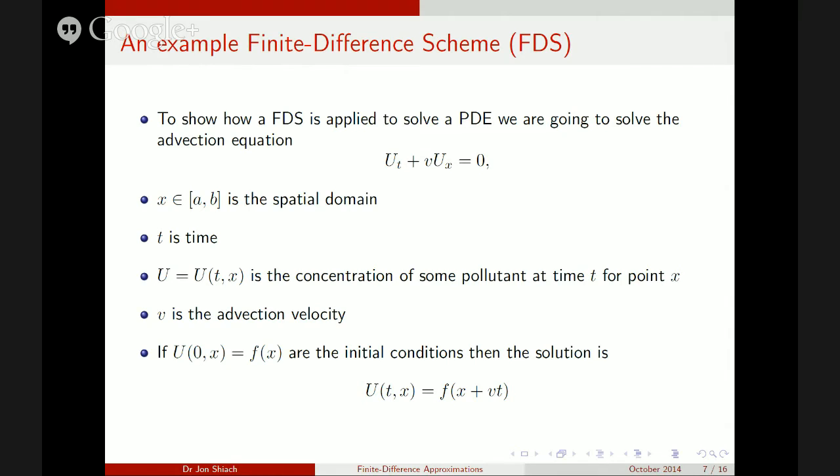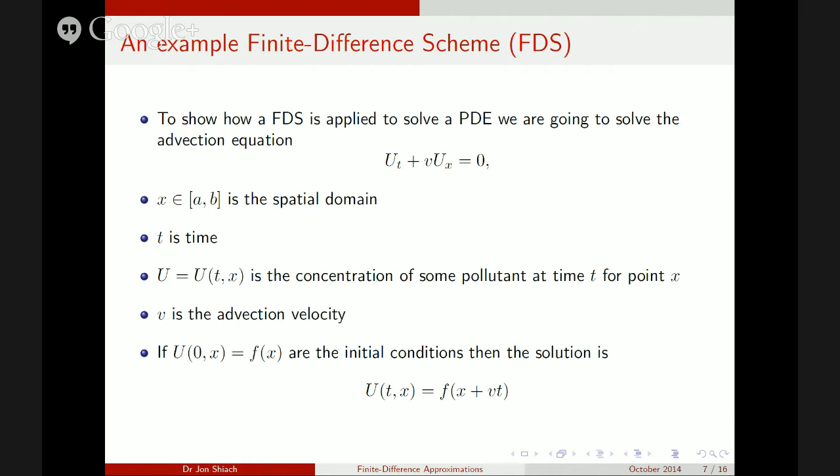Okay, u(t, x). So u is some function in terms of the independent variables time and space, t and x. When t is equal to 0, we have our initial conditions. What does u look like at the beginning? If our initial condition is some function of x, there are exact known solutions for this PDE.